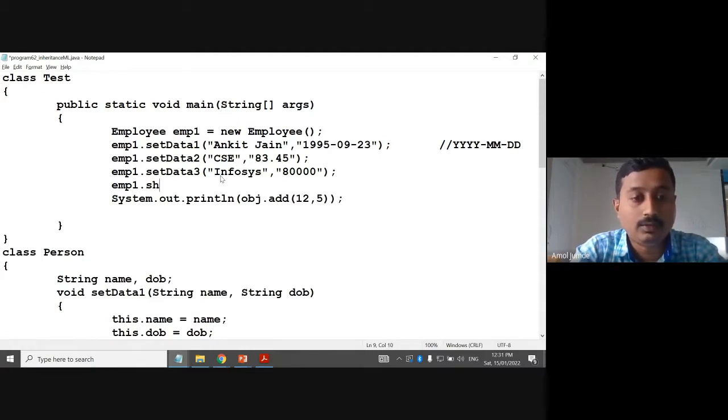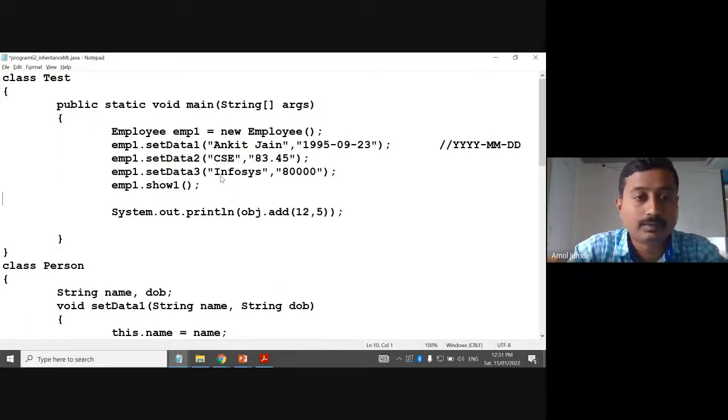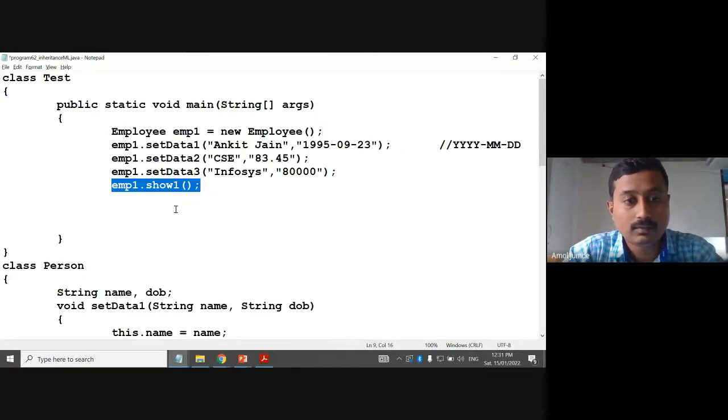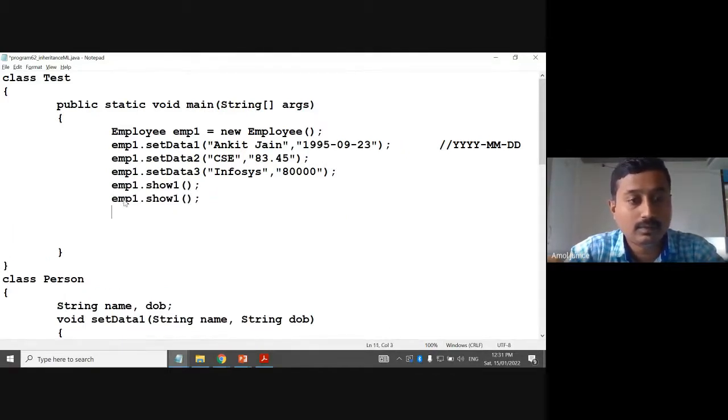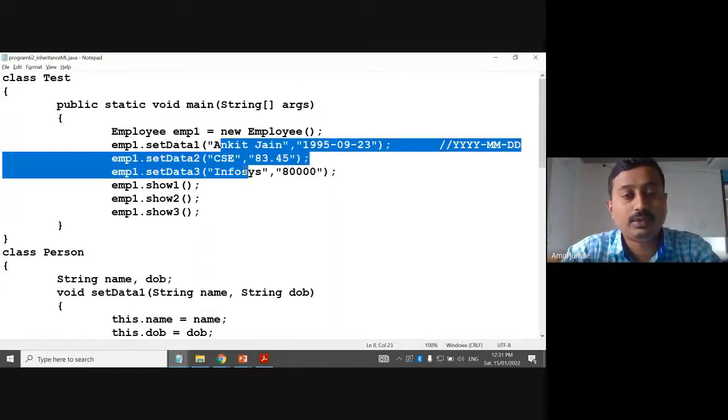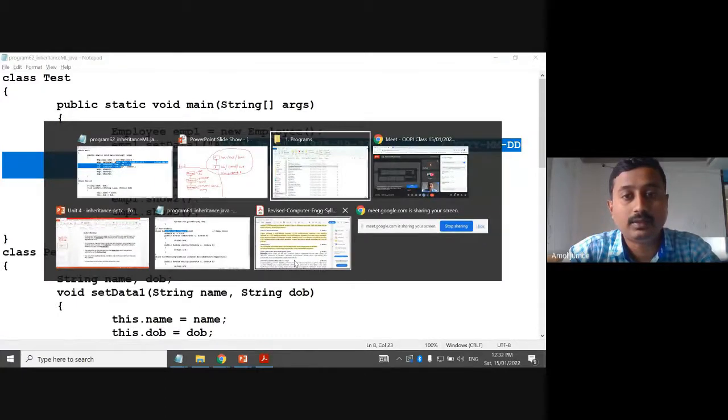So now I want to print the data, show 1. Okay, then show 2 and 3. Okay, so we know the data should come in a sequence. That is our expectation.